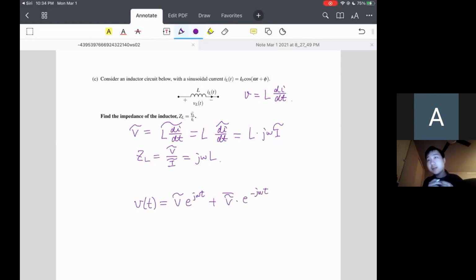This is what is really interesting about phasors. We don't need to solve differential equations anymore, and we'll see that in a second. That concludes our walkthrough for question number 2 on the worksheet.